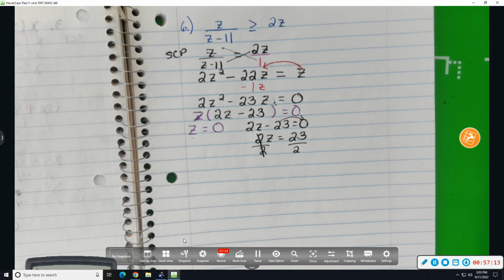Oh, what would that be? About 11.5? But I'm not going to write 11.5 because Pearson, they don't like decimal numbers. Okay? But you might think of it as 11.5 when you're punching in, or when you're graphing it on the number line, just to locate where it is. Now, those were solution cut points.